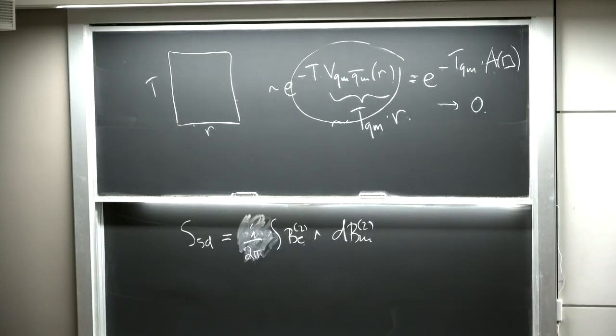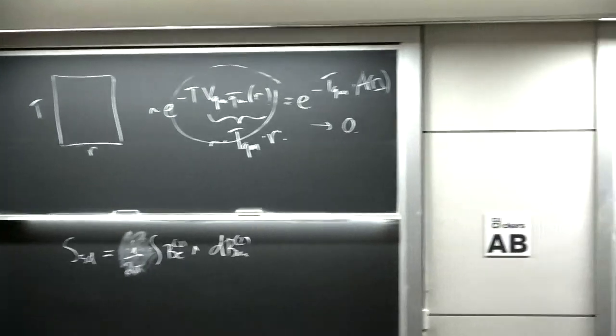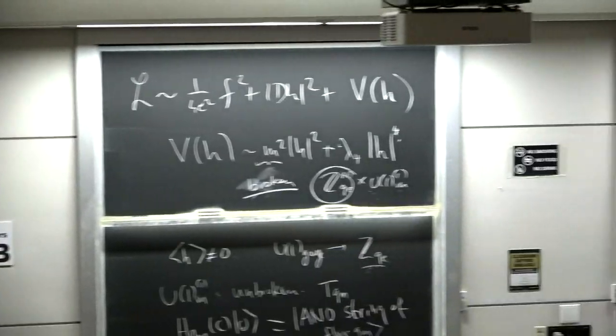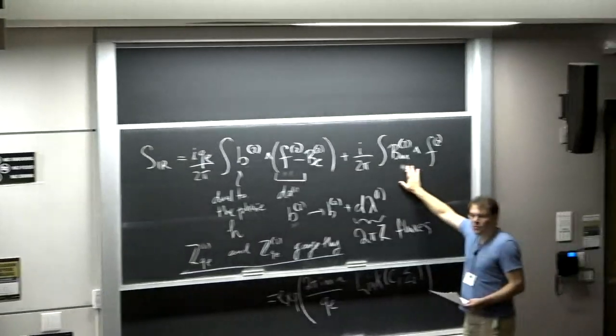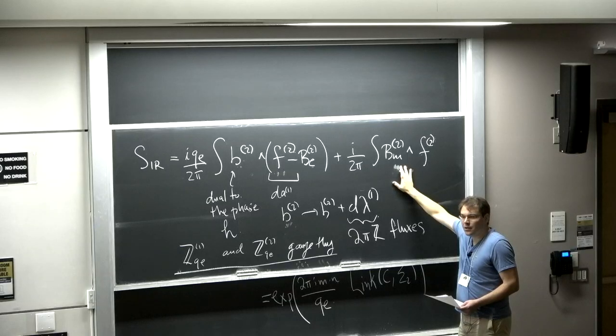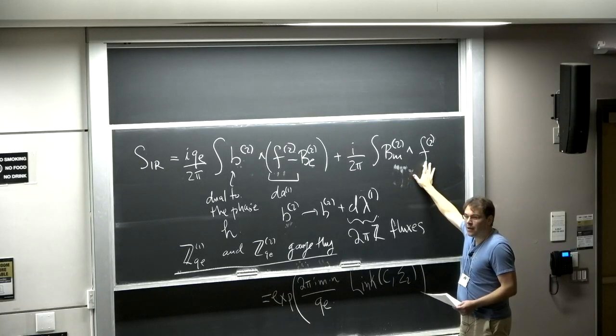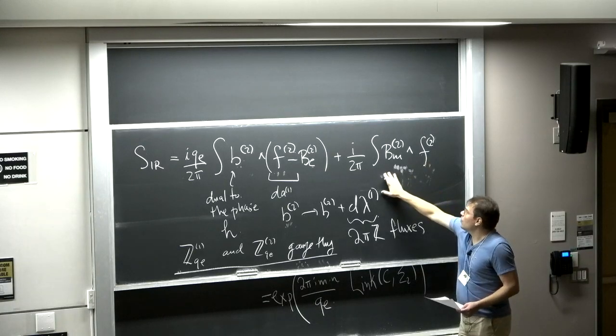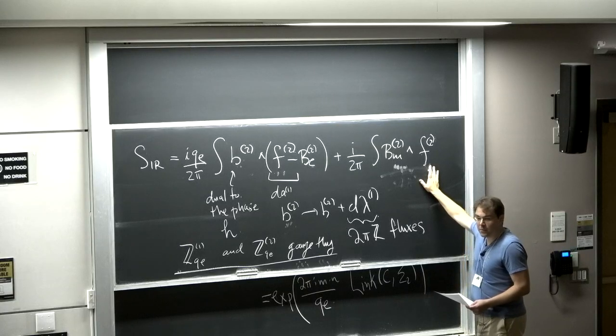All right, so what I would like to explain now is the relationship between this term and the fractional charge of the vortices. Remember that in Maxwell theory, this term was responsible for the anomaly, right? If you shift F by d lambda electric, then this whole term shifts by the c-number that was responsible for the anomaly.